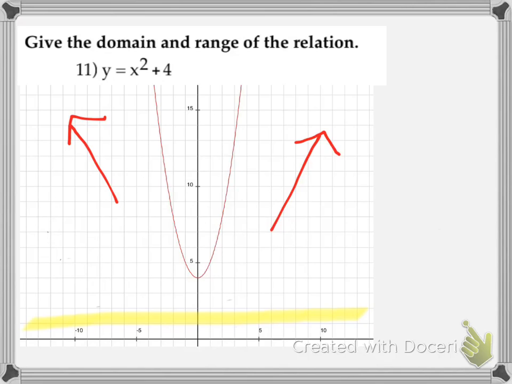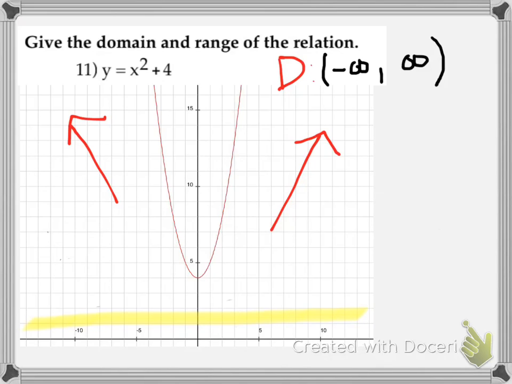So the domain, and I'll note it like this, my domain D is going to go from where? Well, think about it. From the left all the way to the right. Well, from negative infinity all the way to positive infinity. Okay? So that's my domain. From negative infinity to positive infinity.